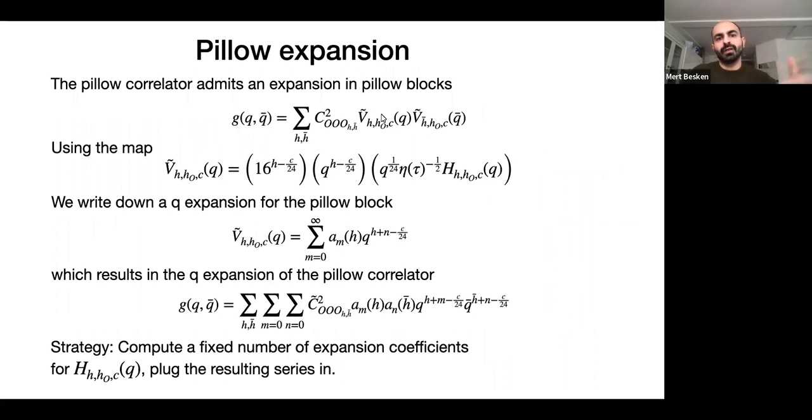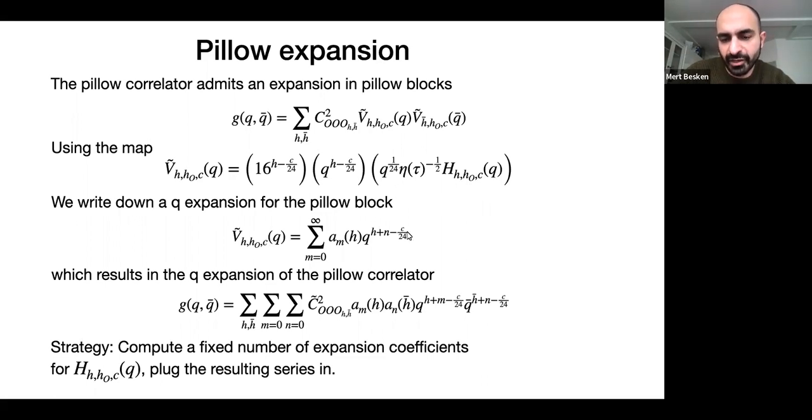So the pillow correlator, as we have seen, now admits an expansion in terms of pillow blocks. And we related the pillow blocks to the Zamolodchikov H function. I didn't explain it, but I told you that this H function has an even power expansion in terms of Q. So if this has a power series expansion in Q, that means this will also have one, as you can relate using Dedekind etas and so on.